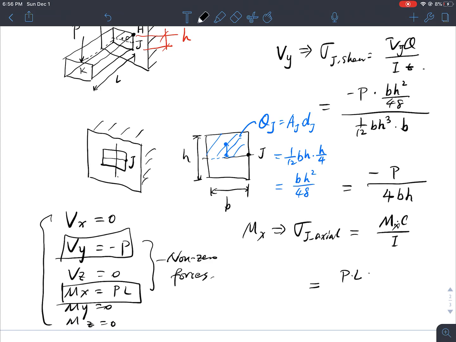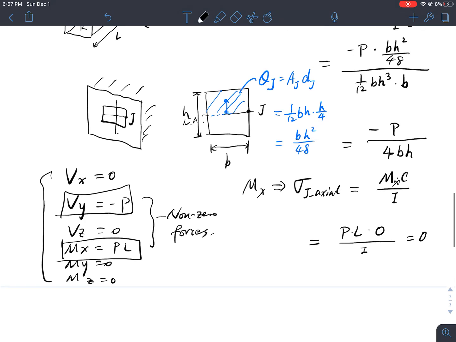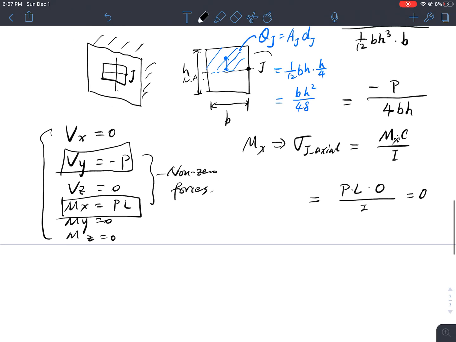This is Mx, by the way. This is Vy. And c is the distance between the point J and the neutral axis, which is right here. So the distance c is actually equal to 0, because it's on the neutral axis, and divided by I, I have a 0 axial stress on J.